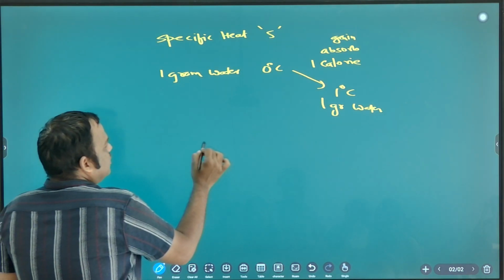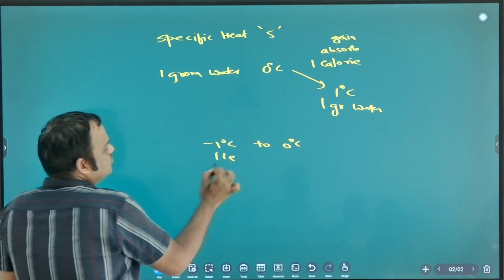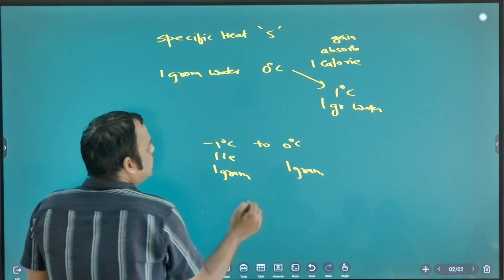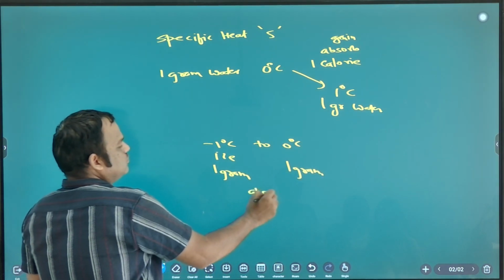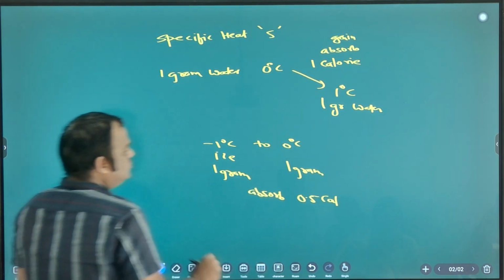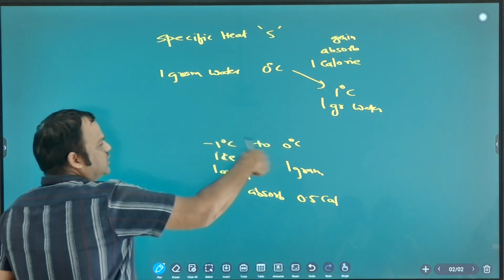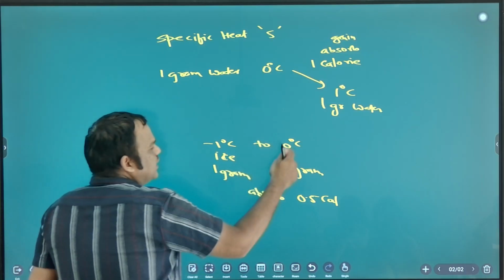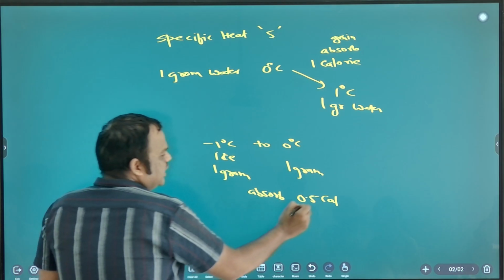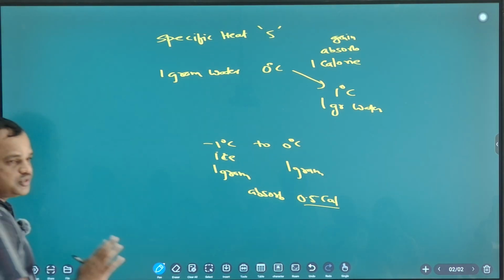Similarly, 1 gram of ice at minus 1 degree Celsius is heated so that the new temperature is 0 degrees Celsius. How much heat does it absorb? 0.5 calorie. Understood?